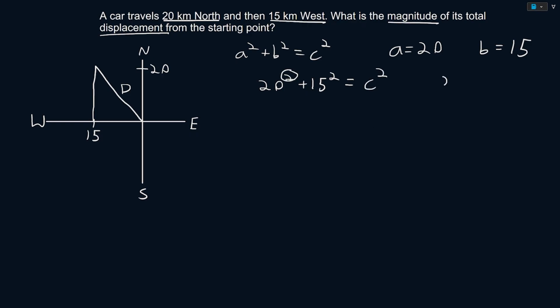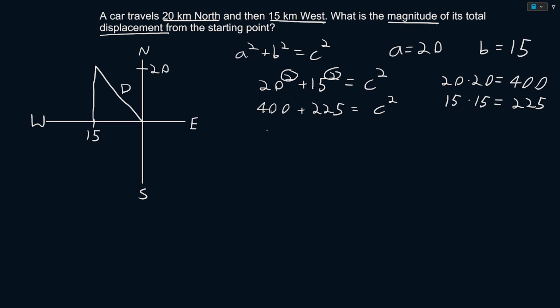20 squared is equal to 20 times 20, which is equal to 400, and 15 squared is equal to 15 times 15, which is equal to 225. 400 plus 225 is equal to the magnitude of our displacement squared. 400 plus 225 is equal to 625.